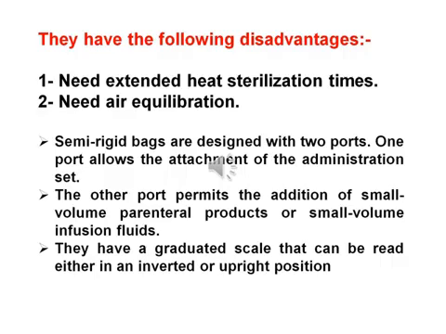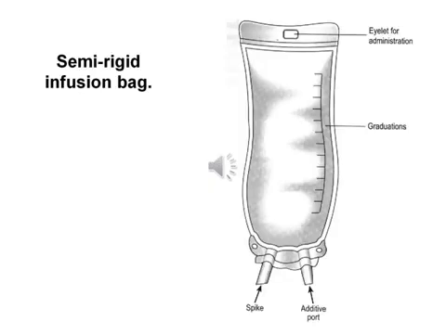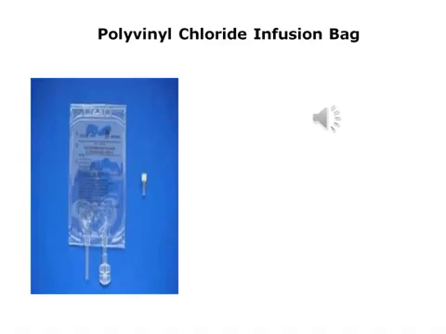One port allows attachment of the administration set. The other port is for the addition of a small volume parenteral product or a small volume infusion fluid. They have a graduated scale that can be read in either an inverted or upright position. The slide displays a semi-rigid infusion bag. This slide shows polyvinyl chloride infusion bags or collapsible bags.